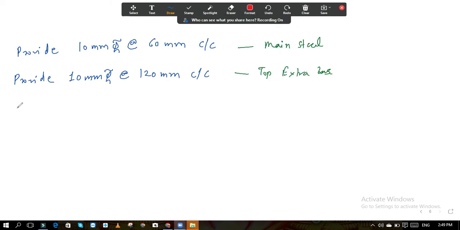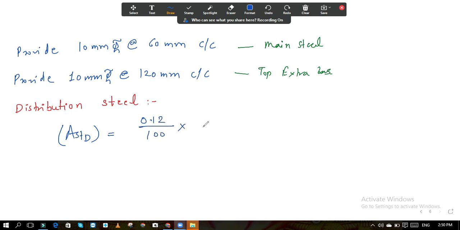After that now distribution steel. ASTD, distribution steel. Now Fe415 is there, so it is 0.12% of gross area.